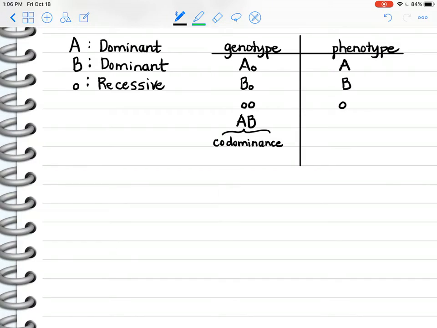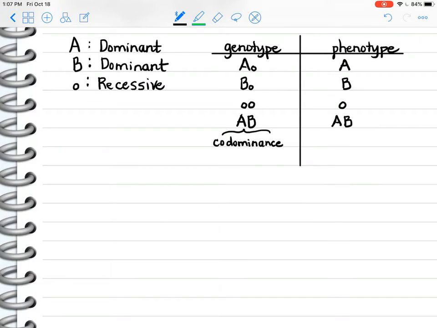Well, you can't give them O because B is dominant too. I'm sorry, you can't give them A because B is dominant too. You can't give them B because A is dominant also. So you would give them AB. You would have to give them blood that matched exactly what they needed. So understanding the different types of blood is important to understanding this question.